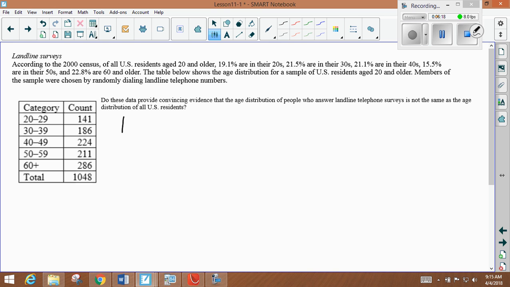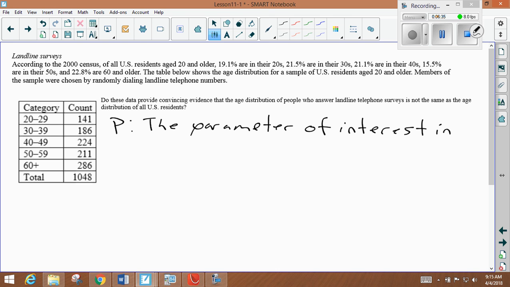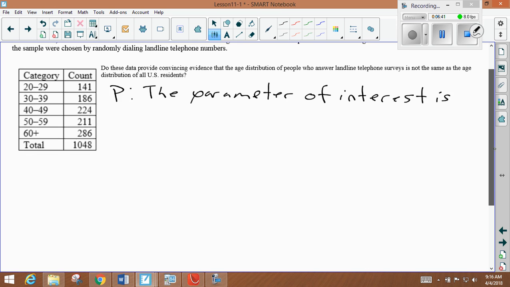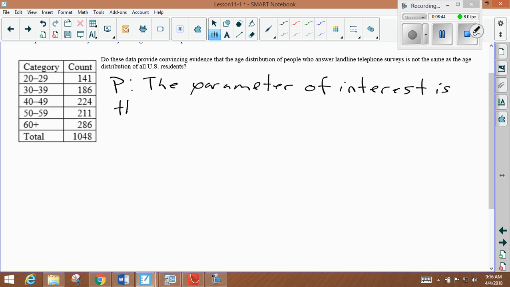So, H. How about P? The parameter of interest is the distribution of ages of U.S. residents.